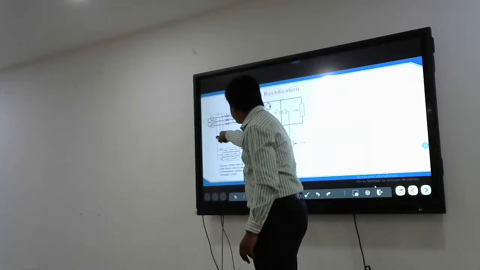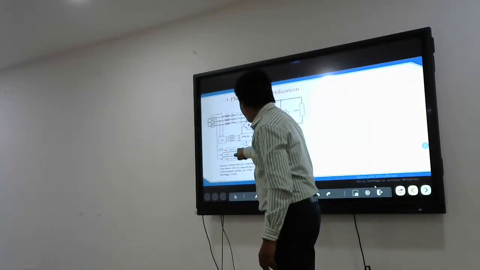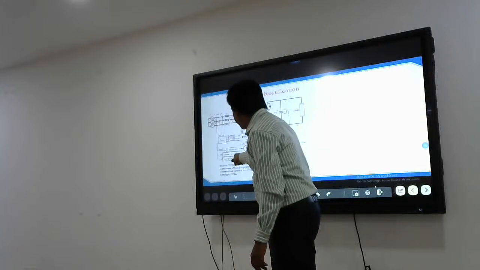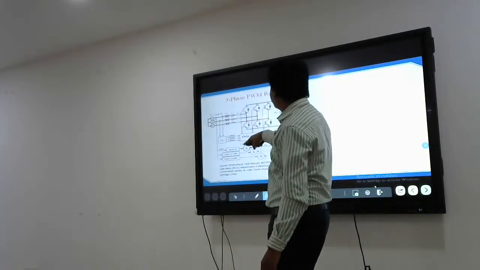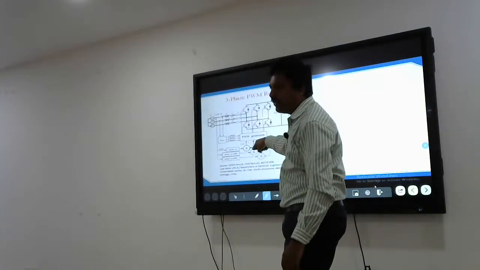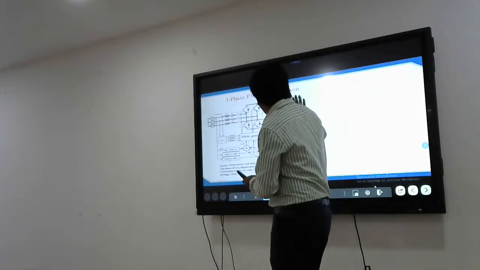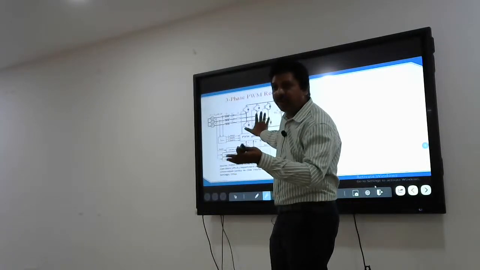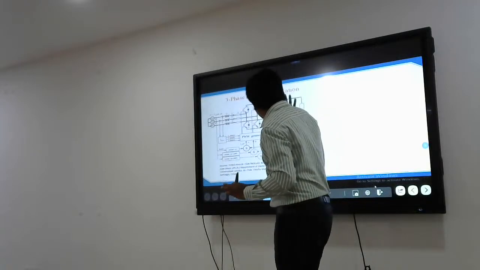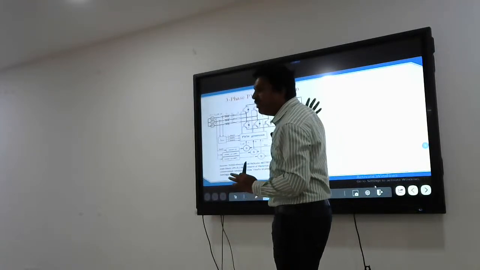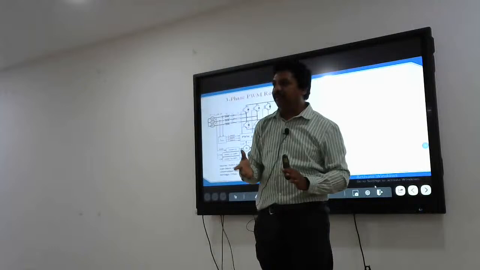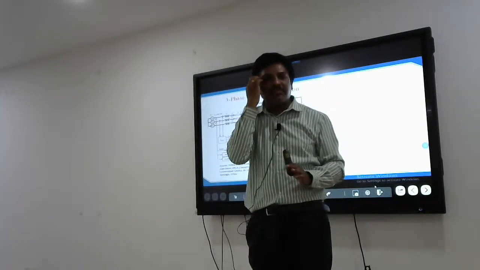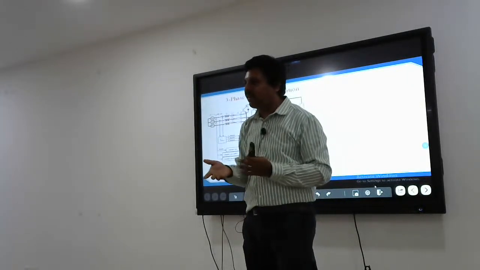Here I measure IA, IB, IC, then I measure sin omega t plus 5, sin omega t minus 1. This is for synchronization. This is a simple rectifier we are talking about, and if this is a battery, we talk about charging and the vehicle-to-grid and grid-to-vehicle concept. Here, instead of the load, if you have PV panels, the same control is valid. The control aspect is valid. Synchronization is anyway required.